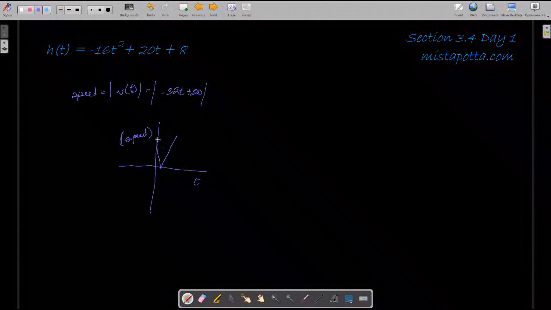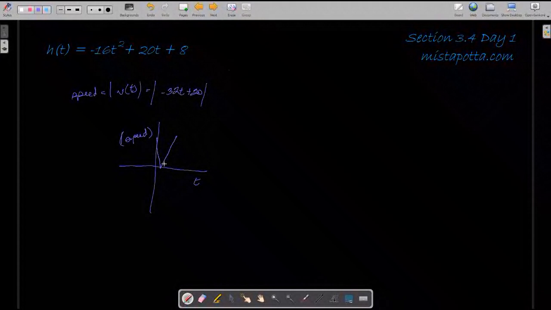So my speed is going to be slowing, slowing, slowing to a particular point, and then I'm going to be increasing speed as I start to fall down.